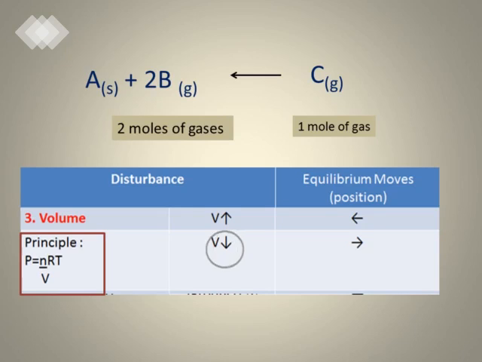On the other hand, when the volume of the system is reduced, it will move to the right to reduce the pressure of the system by reducing the number of gas molecules. Note that the change in volume also does not alter the equilibrium constant.